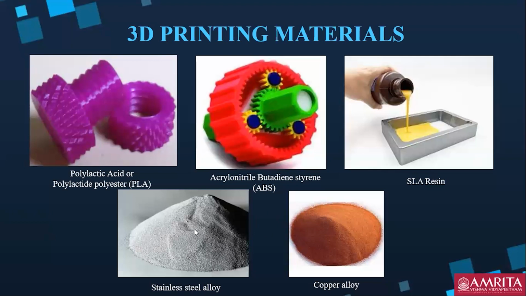The powder bed is filled with these metal powders. So how these materials actually look, I hope you have got an idea. The reason, it has high stiffness. These are transparent, and sometimes you can add different chemicals to get some coloration.